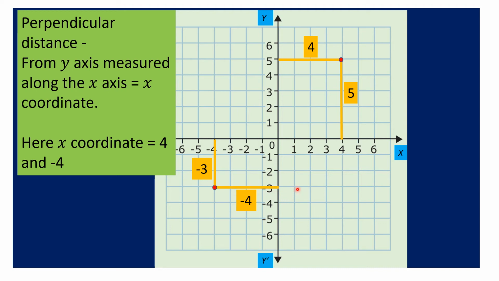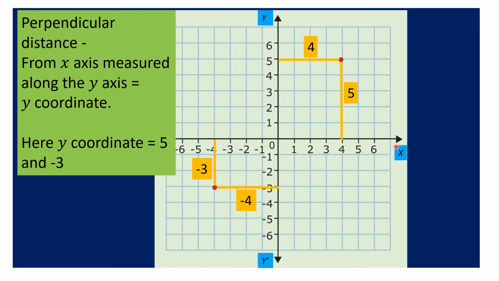So let's understand what the y-coordinate is. The y-coordinate is the perpendicular distance. What kind of distance? Not like this, not like this. Perpendicular distance. You can see the x-axis and this orange line are perpendicular, right?